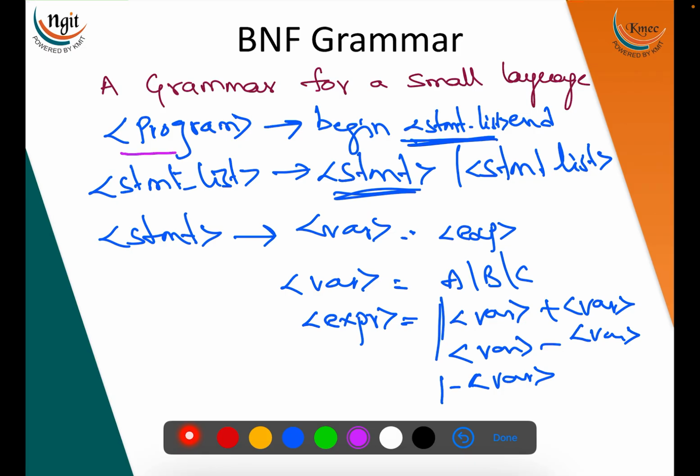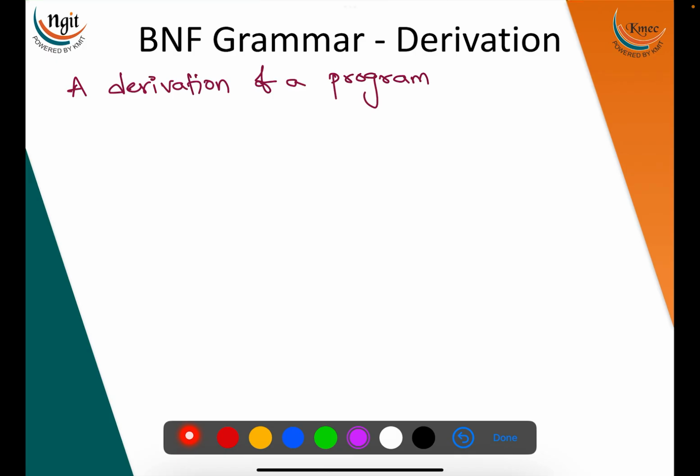You have to consider the starting symbol of the rule. So you have to take this. Now let's start the derivation part. I told you in the previous slide that the derivation can be a leftmost derivation or a rightmost derivation. We'll see both in this example. Now the derivation is, we'll derive it by taking the first step of the rule.